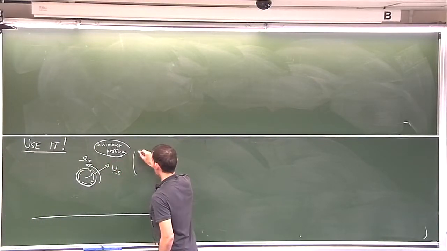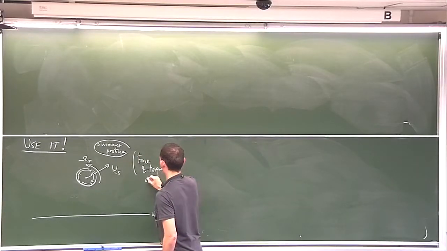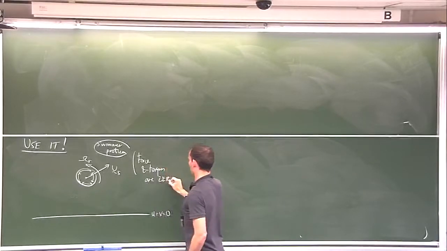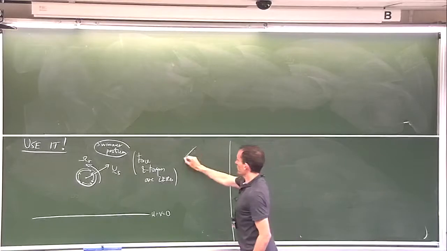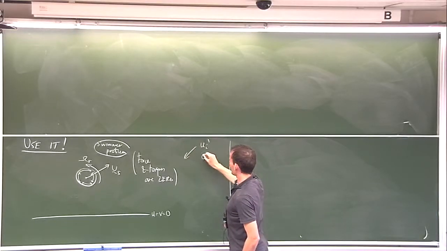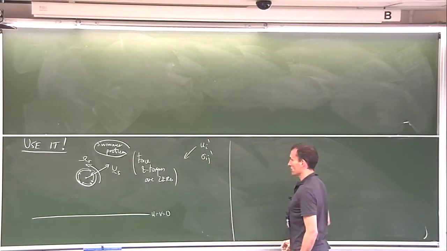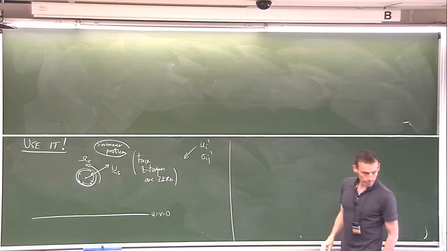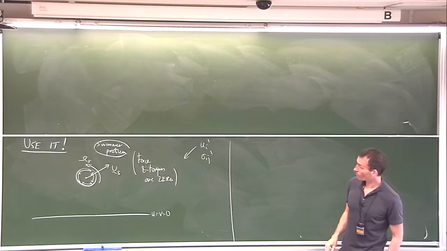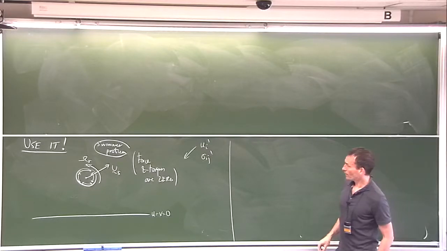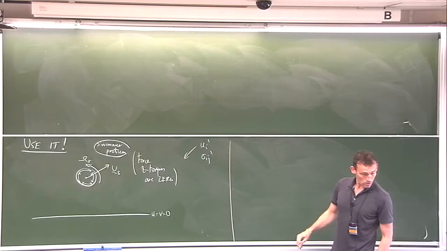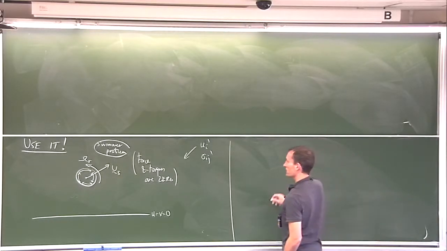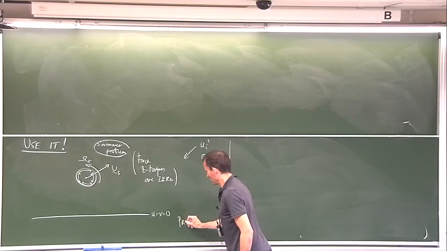But the forces and torques are 0. Let's call this ui prime, sigma ij prime. That's the solution. And here's problem 1.